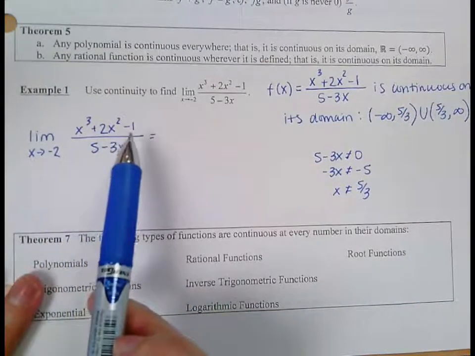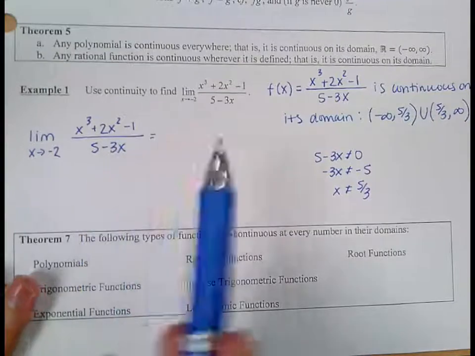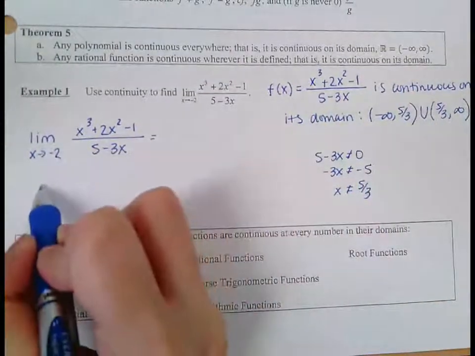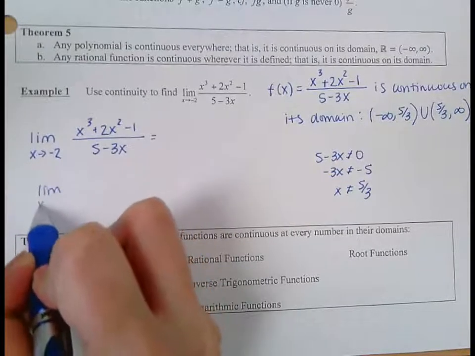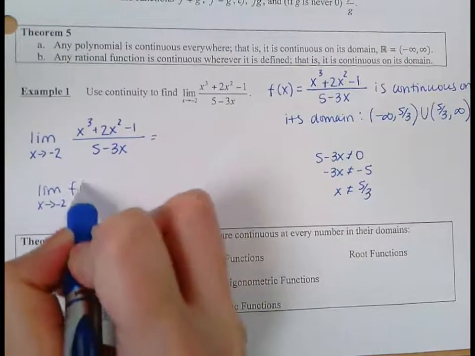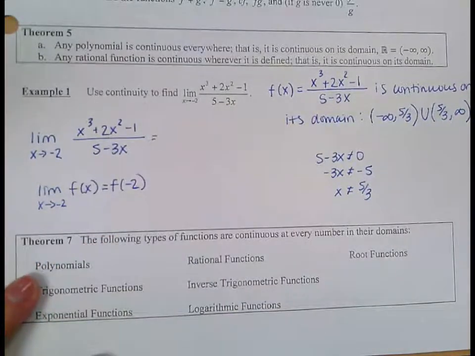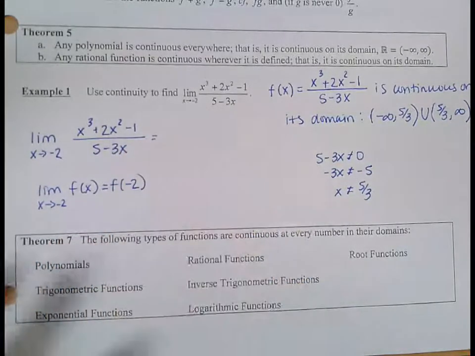All right, so let me say this below. This is what I know by using the continuity. I know that the limit as x approaches -2 of the function will equal the function value at -2. So this is basically telling me direct substitution will work, like I had explained before.